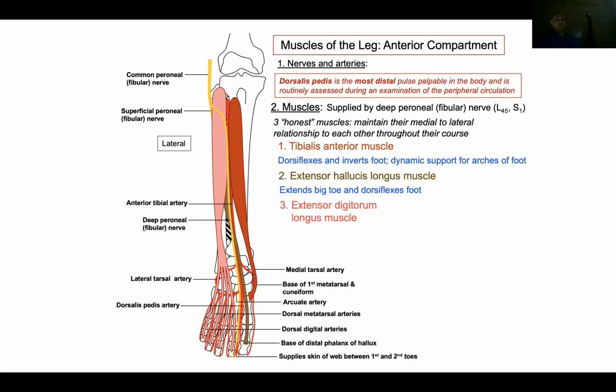When I use the term longus, there must be someone called brevis, so that we have to look for, but not now. Now what it does, it's going to my digits, so it will be extending the digits. Second action, dorsiflexion, right? So easy to remember. No rocket science here.